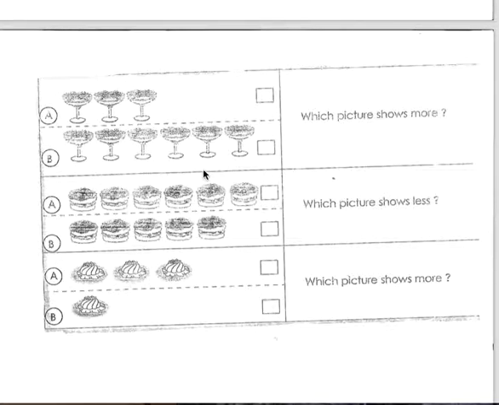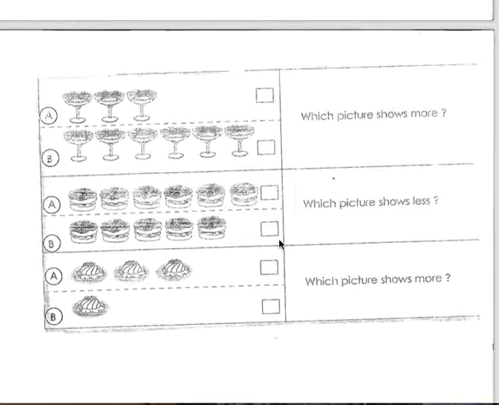Okay, let's look at this group of pictures. Which picture shows less? This group or that group? The one on the top or the one at the bottom? You can either circle your group of pictures that shows less or you can check off one of those boxes.